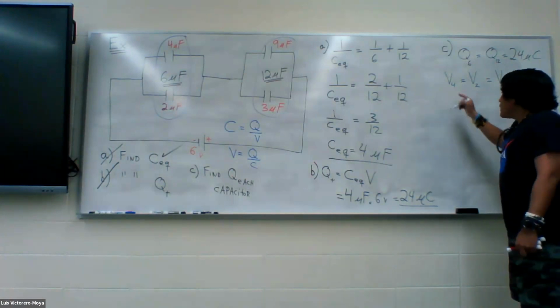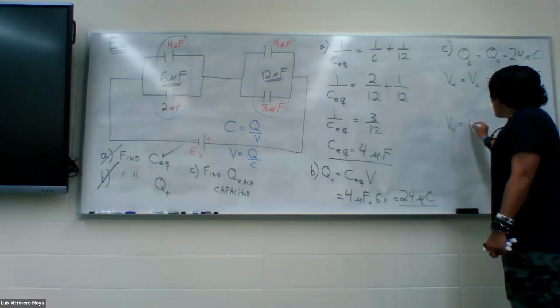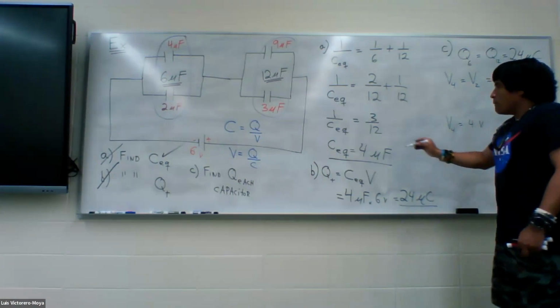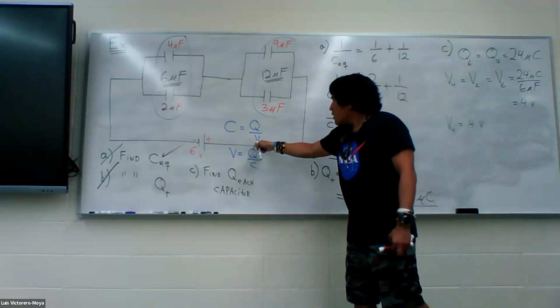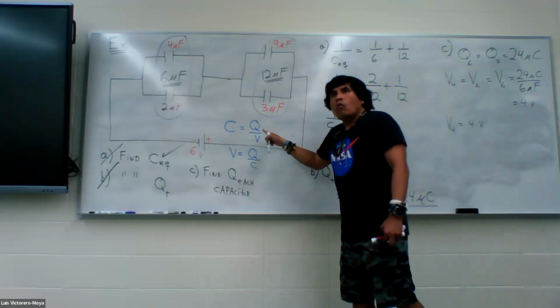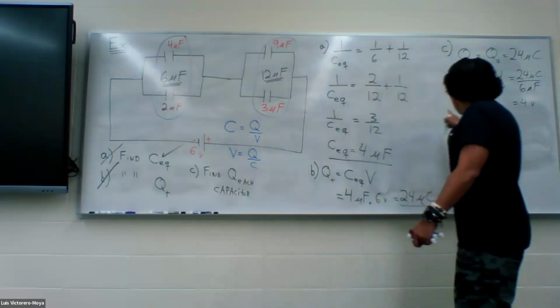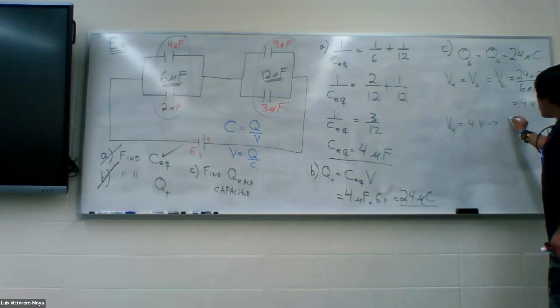So that means that the voltage on 4 is equal to 4 volts. By that equation here, the charge is equal to C times V. 4 times 4. Therefore, the charge on 4 is 16 microcoulombs.